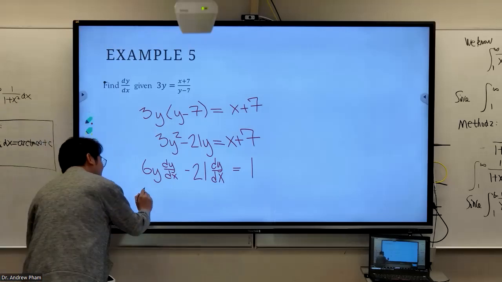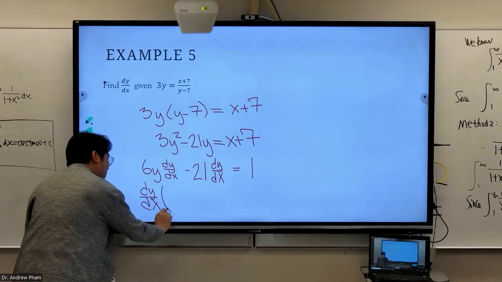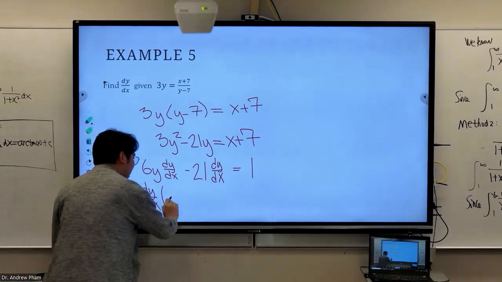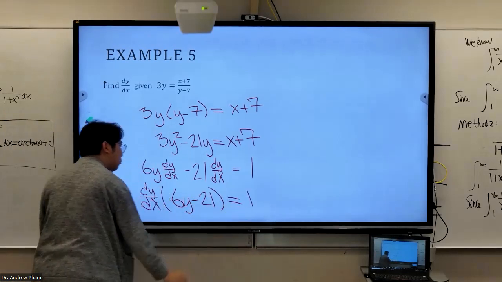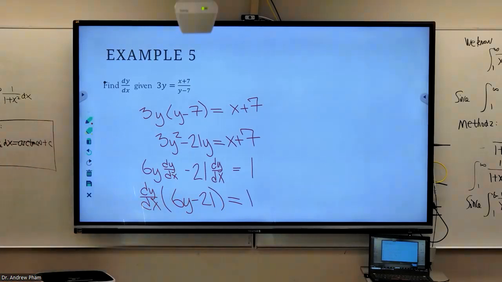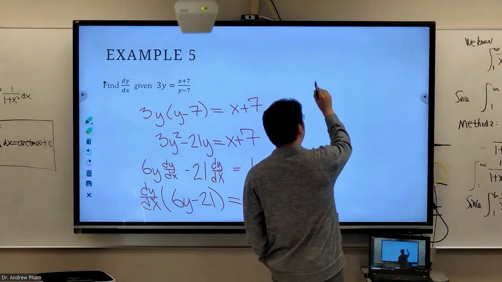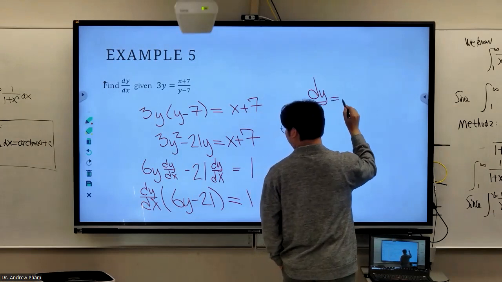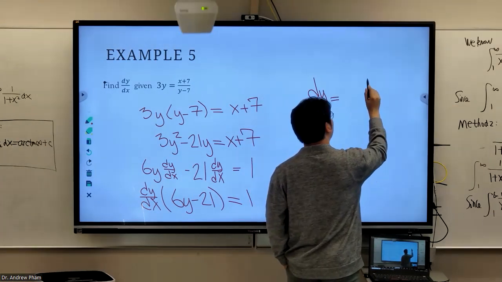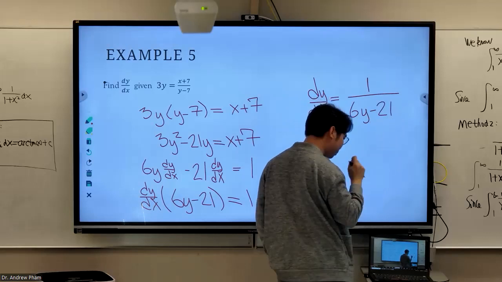I can factor out my dy dx, giving me dy dx times (6y minus 21) is equal to 1. And then we can just divide by 6y minus 21, giving me dy dx is equal to 1 over (6y minus 21).